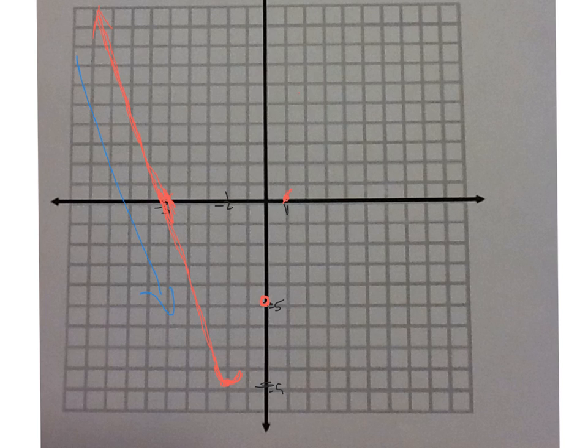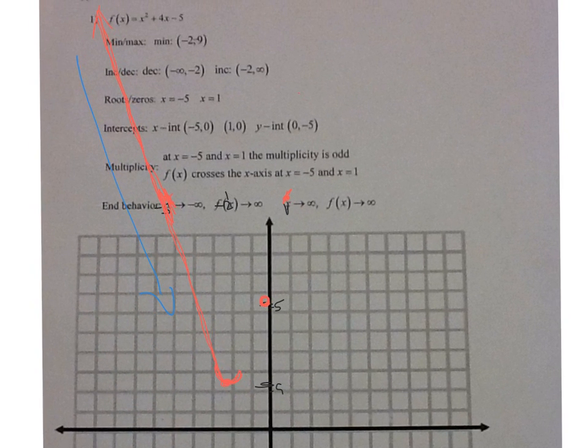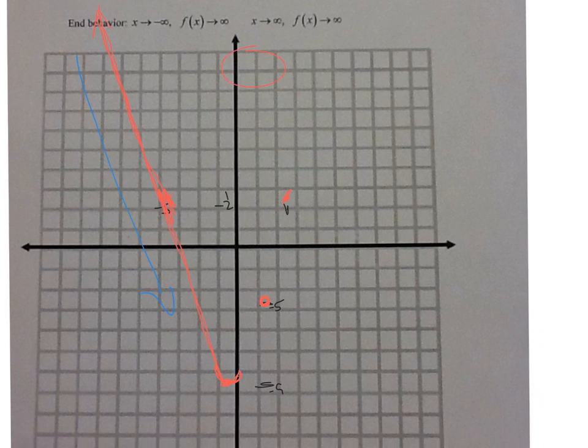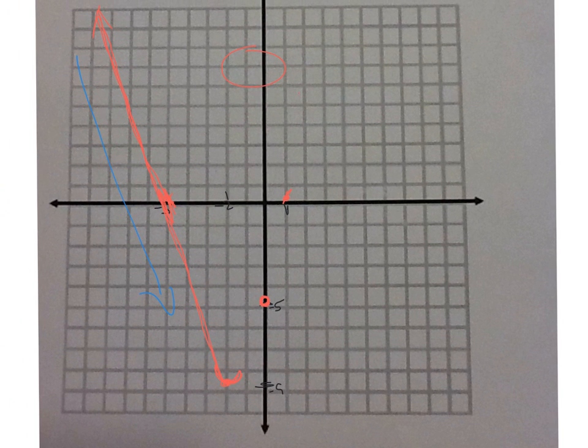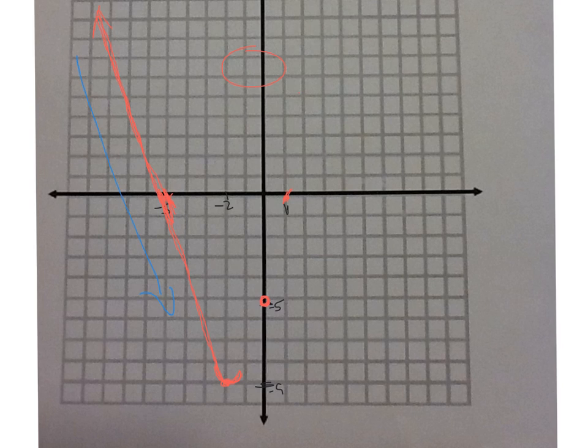And then I have from -2 to infinity, it's increasing. So from -2, okay, this is my y-intercept, it has to cross there, and it's got to hit here.